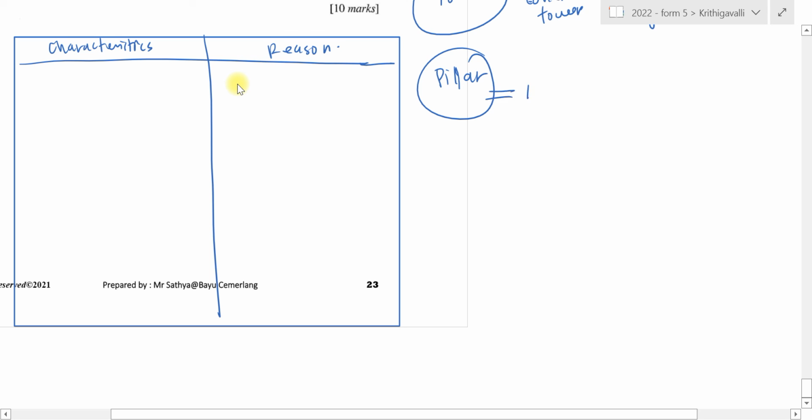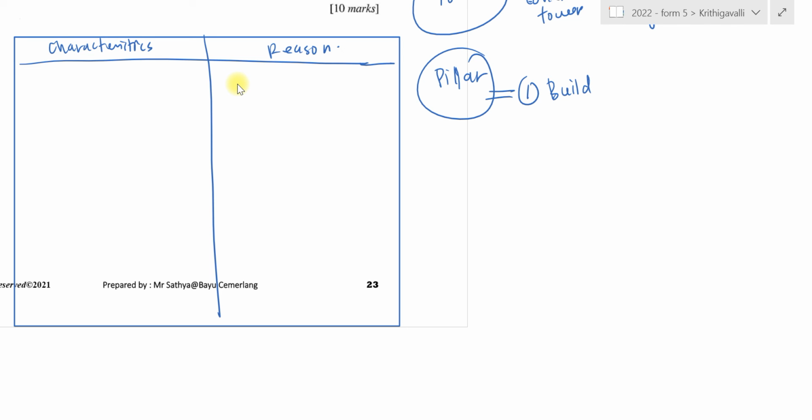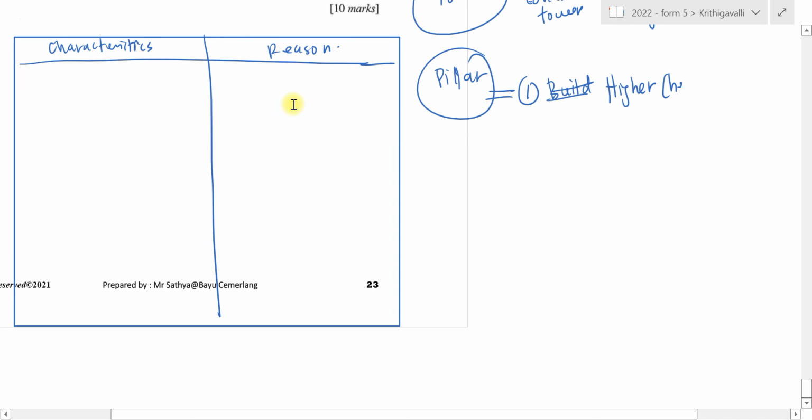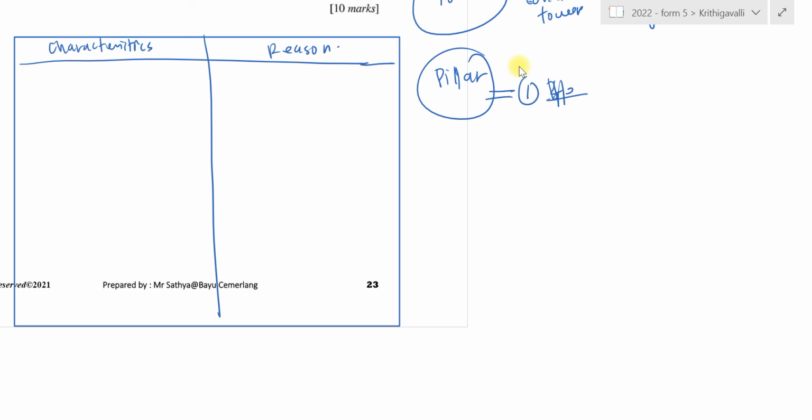Okay, pillar, first thing: built high, higher pillar. The height of the pillar is high.